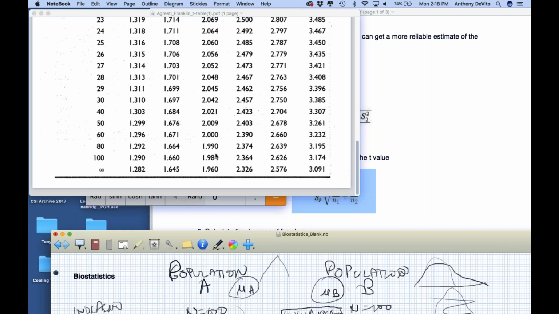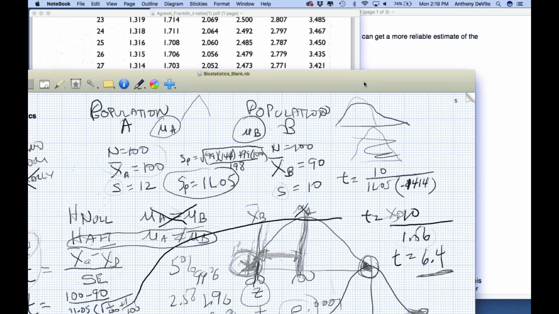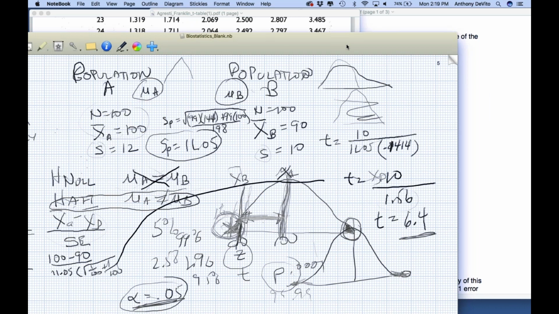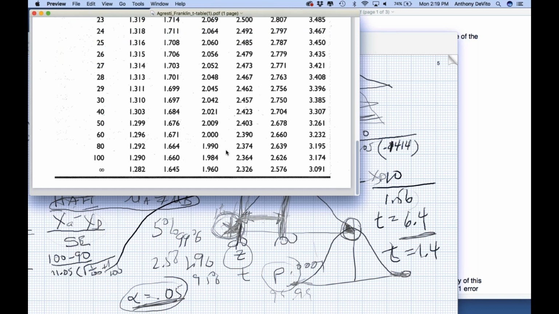Well, what if this number had come out, instead of being 6.4, what if t had come out to 1.4? What's the value that it has to exceed for a sample size of 100 in order for me to reject the null hypothesis?